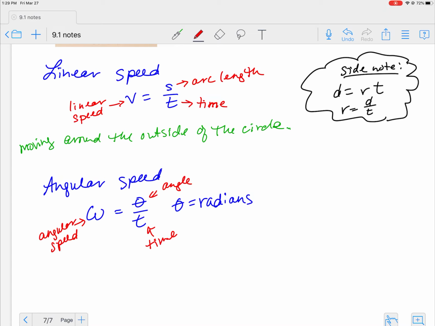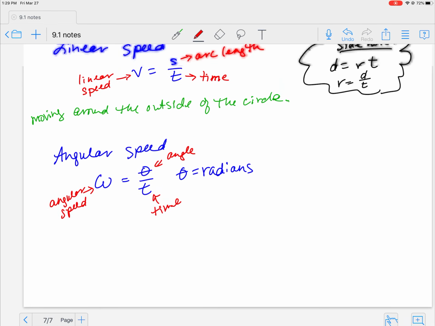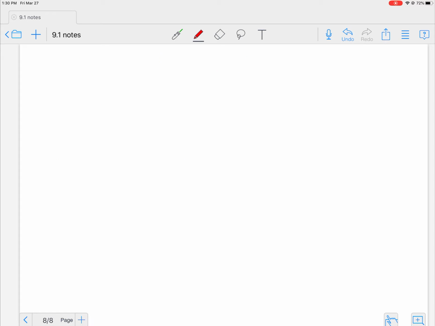Of course, T is still time, and this is my angle in terms of radians. This is that angle speed I'm talking about. Not moving around the outside, but how quickly the speed of my angle is increasing, or decreasing, depending on how we're going.